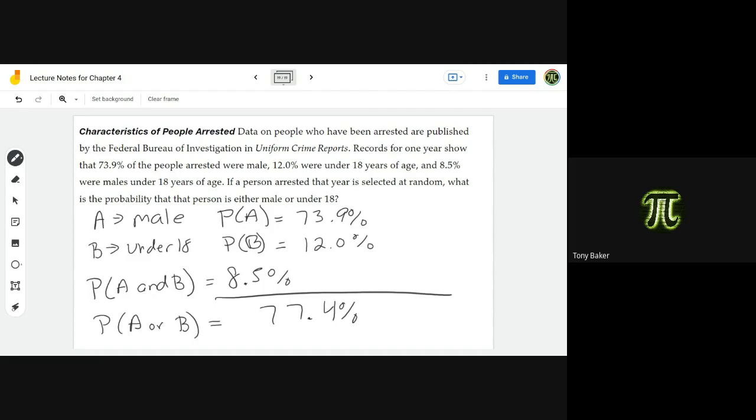So you could figure out females in general, and then if we subtracted out the 3.5%, you can figure out how many females over the age of 18 were arrested. So you could do the not males and get the female aspect of it there.